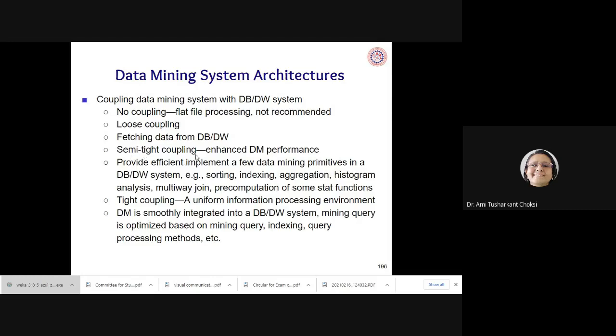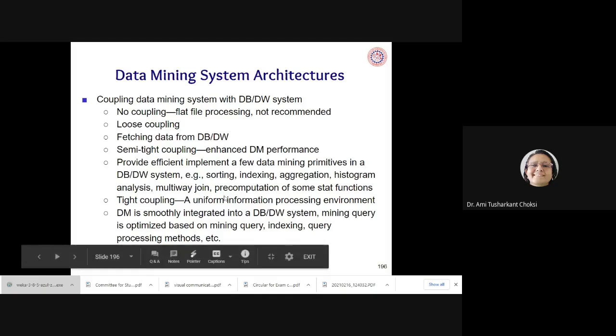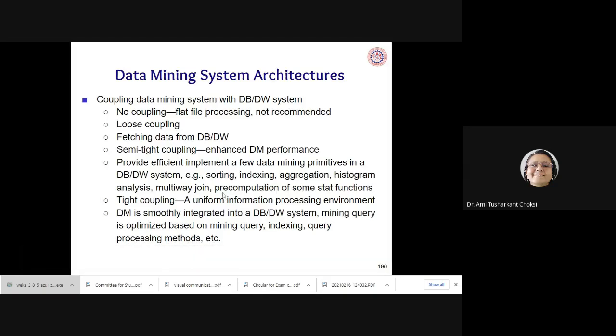Semi-tight coupling enhances DM performance, DM being data mining performance. It provides efficient implementation of a few data mining primitives in the DB/DW, that is sorting, indexing, aggregation, histogram analysis, multi-way join, and pre-computation of some statistical functions.